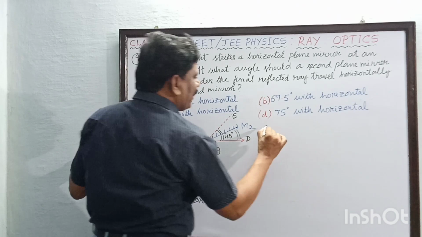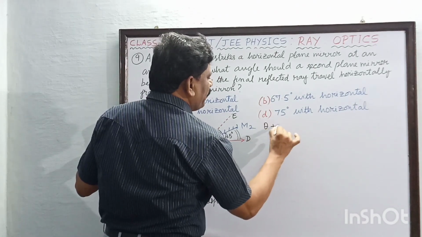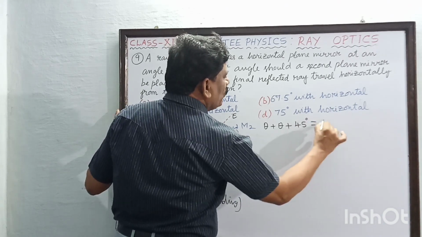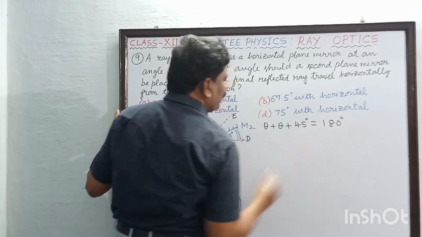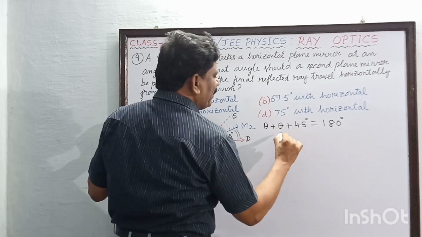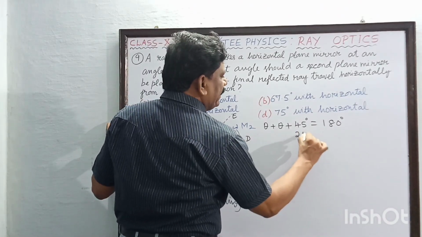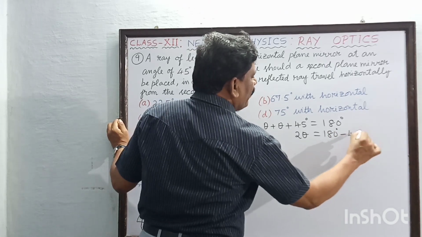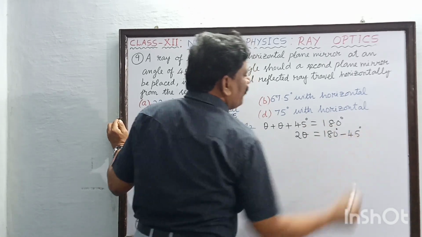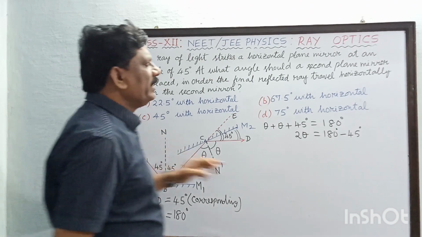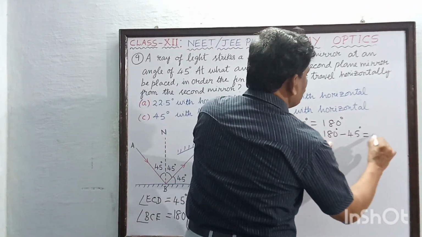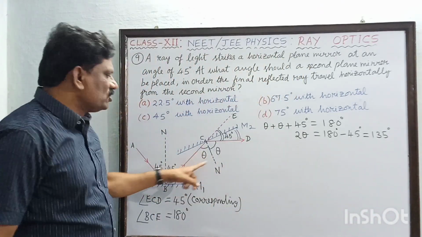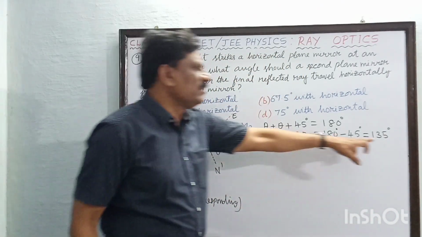Okay. Now, I will write. So 2 theta plus 45 is equal to 180. So 2 theta is equal to 180 minus 45. This will be equal to 135 degrees. So 2 theta is equal to 135 degrees.